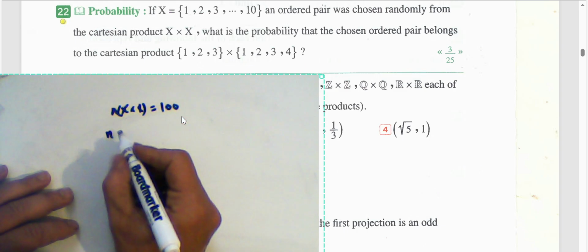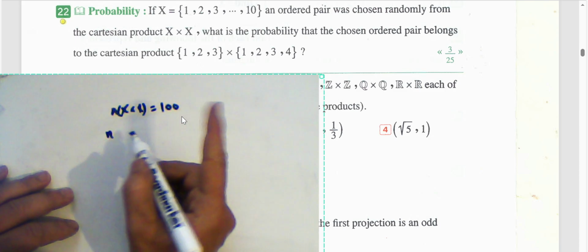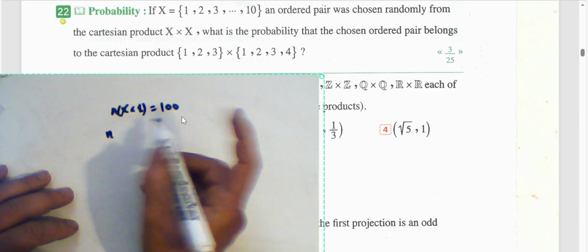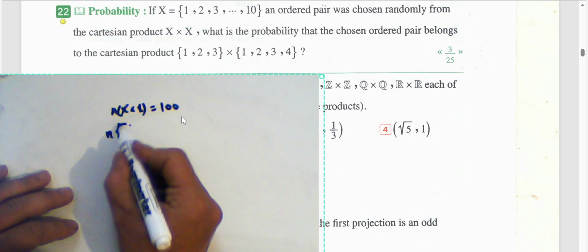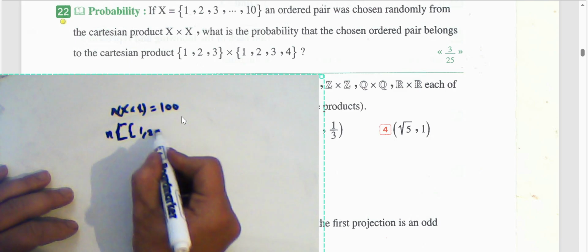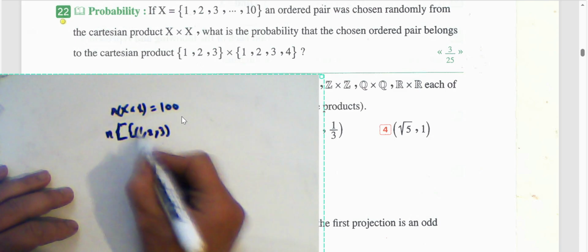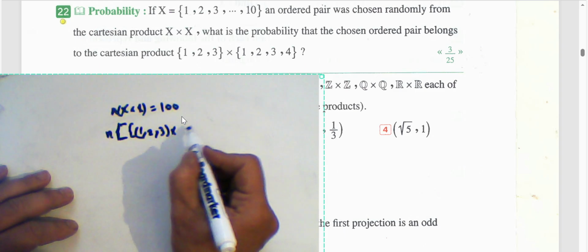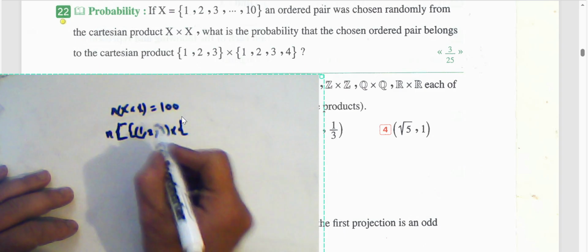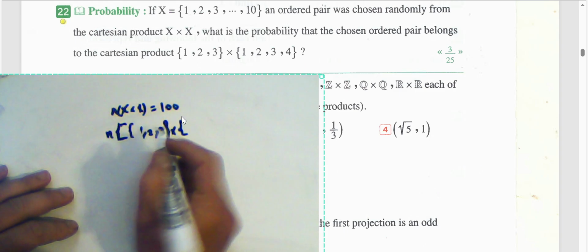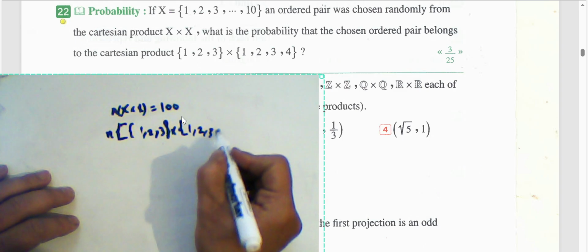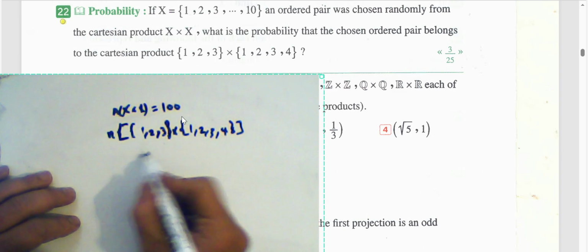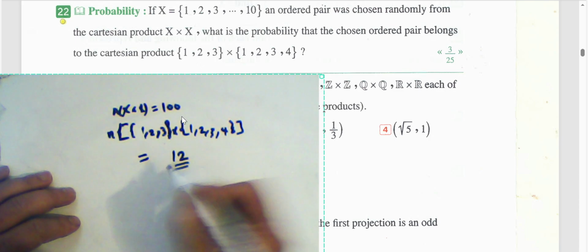The number of elements in the Cartesian product between two sets, the first set was 1, 2, 3 with the second set 1, 2, 3 and 4, will be 3 times 4, which is 12.